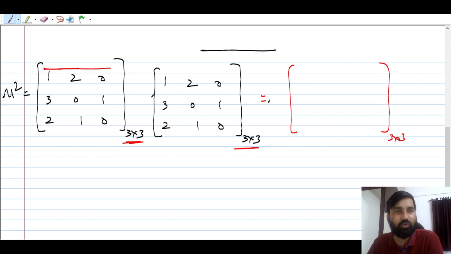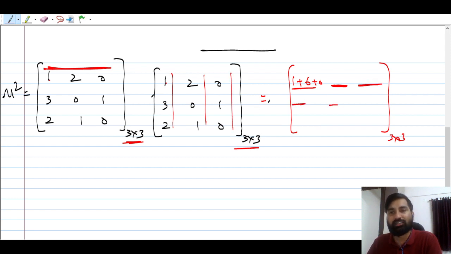So what will you do? You will take the first row and then the first column. You will multiply like this. So 1 into 1, and then 2 into 3, so you can say 6, and then 0 into 2, that is 0. Then you will do again the same: take the first row, multiply with the second column, first row with the third column, like that.